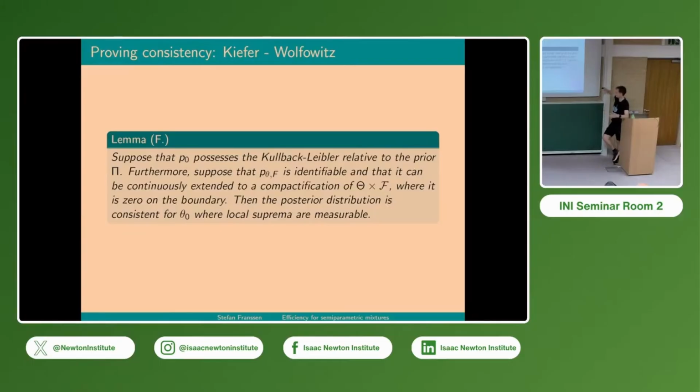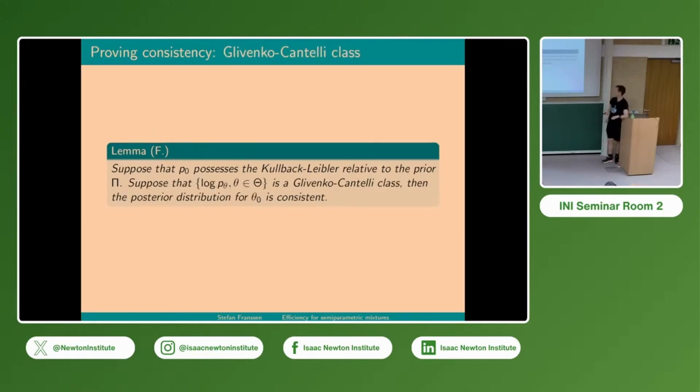So under the conditions of the Wald-Wolfowitz consistency theorem and the Kullback-Leibler property, which is sort of the minimum requirement that you need to be consistent, then the posterior will also be consistent. Same for pre-Glivenko-Cantelli classes. Again, same idea, we just use the proof of the Schwartz theorem, but instead of using the test, we use that these classes are pre-Glivenko-Cantelli classes. And that gives consistent estimation.